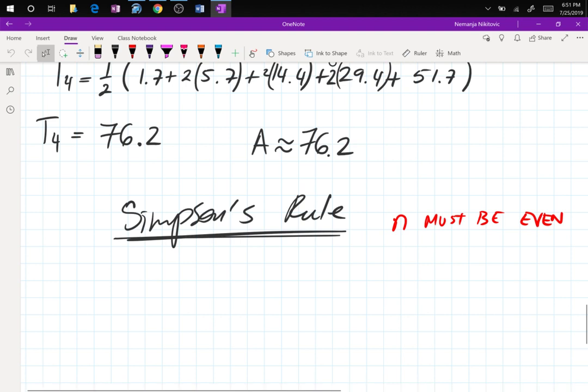Simpson's rule only works if you have even number of rectangles. Obviously, there is a proof for Simpson's rule, and that's where you also see that n has to be even. Simpson's rule is fitting parabolas. You wouldn't approximate a quadratic function with this because you can integrate to get the area.